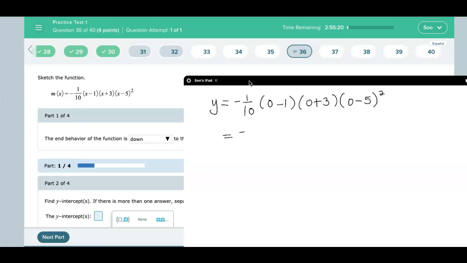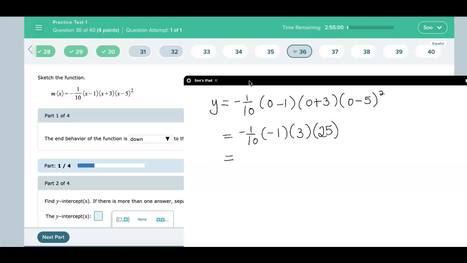Okay, that is negative 1 over 10 times negative 1 times 3 times negative 5 squared. Can I just go ahead and say that is positive 25? Okay. And I'm multiplying these three.